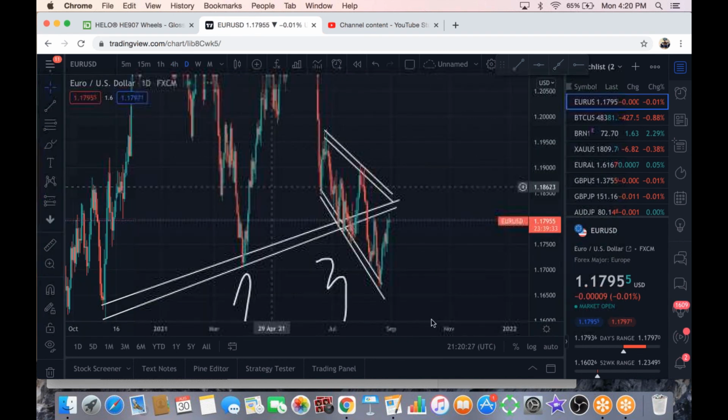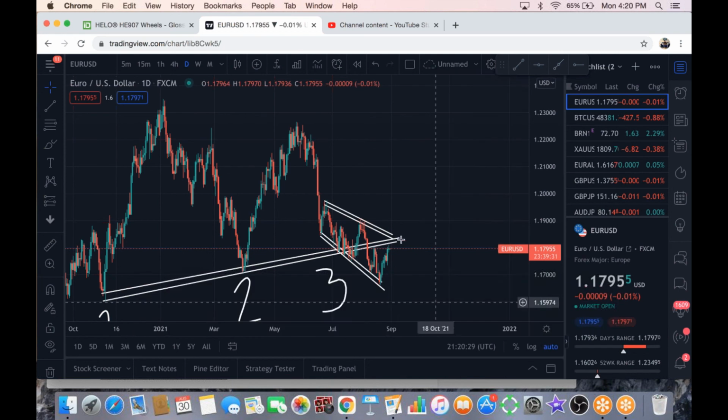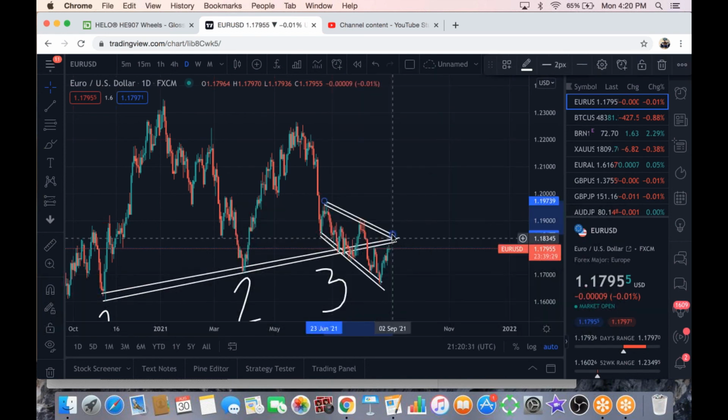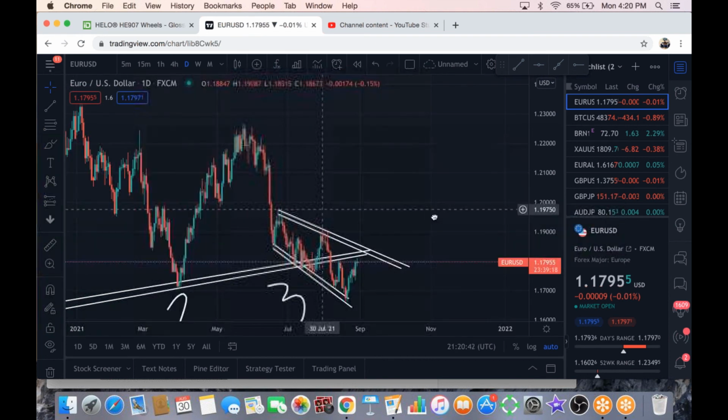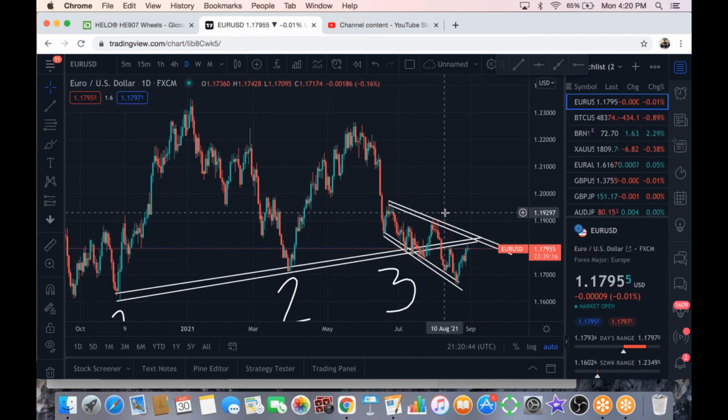So when we have our setups properly, we don't have to guess anymore. We don't have to sit here and be like, well, I don't really know what the market is going to do. And me, I personally love price action, support and resistance trading. That and patterns.